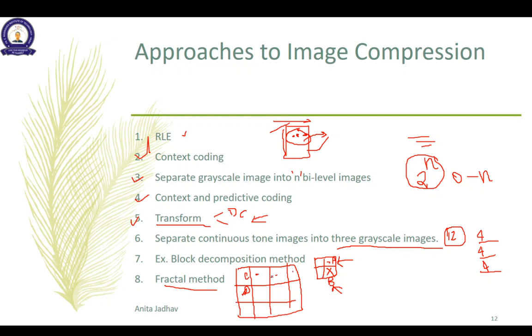You can have combinations, like this particular part should be rotated, this part should be scaled, this part should be inverted. I write all those combinations for the fifth part. That is the fractal method. Instead of going for the entire image, it applies image compression methods to parts of the image. So these are the different approaches to image compression.